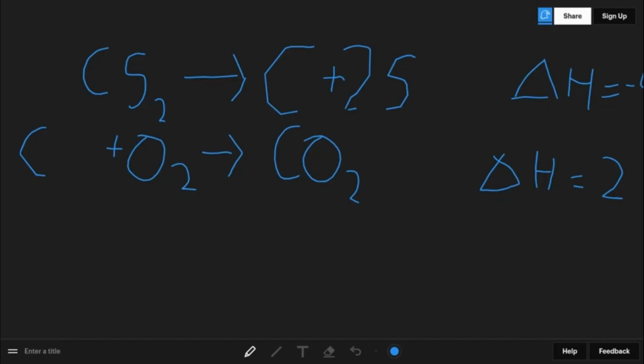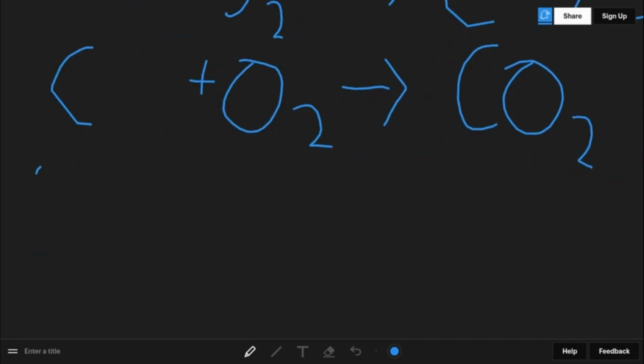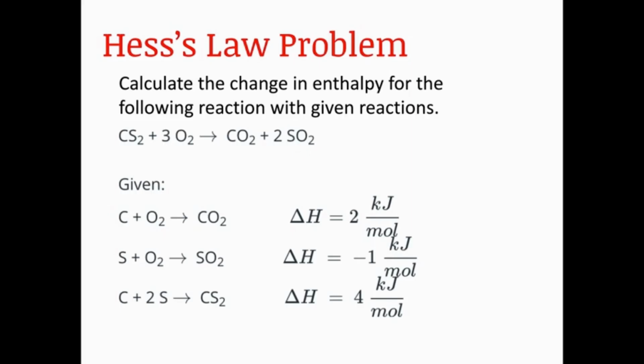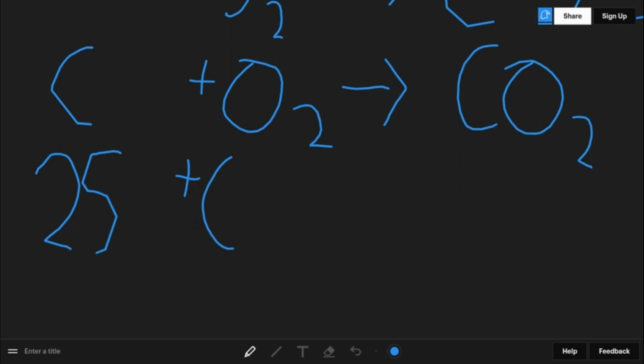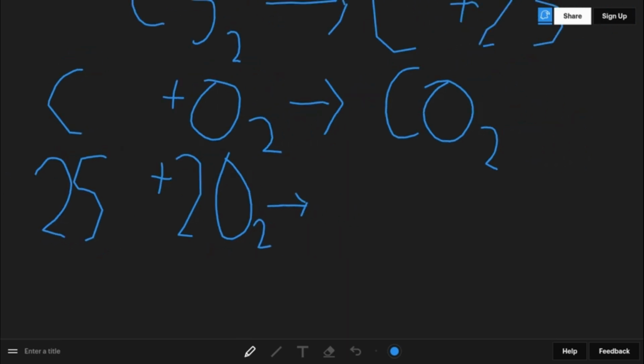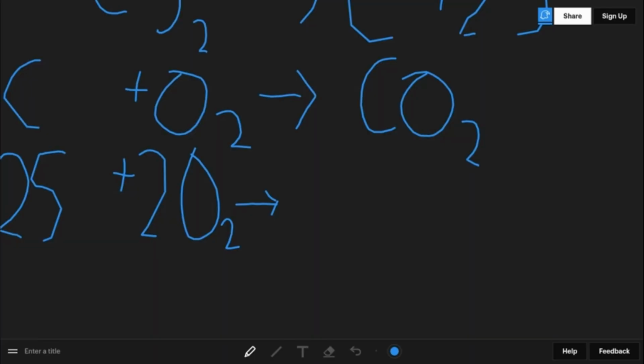So we'll multiply that one by 2, and we'll be left with 2 S plus 2 O2 yields 2 SO2.